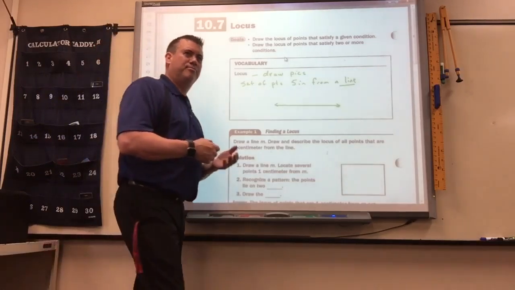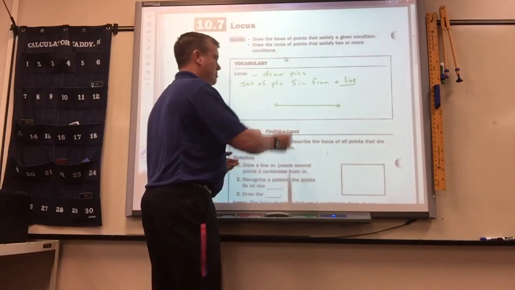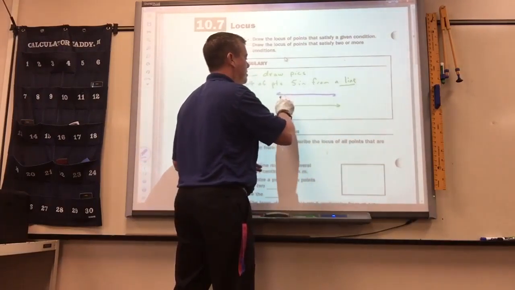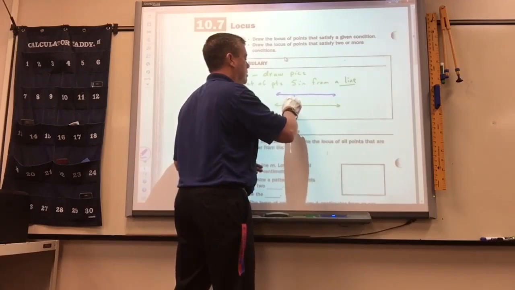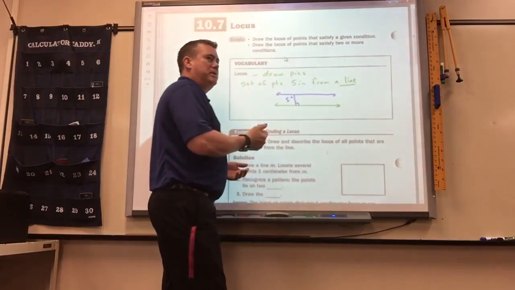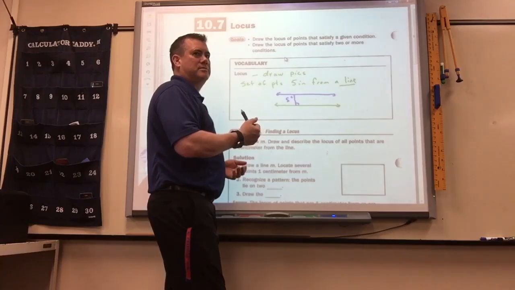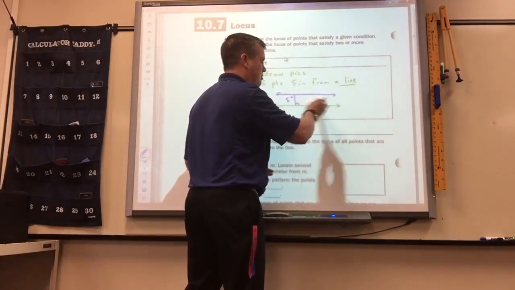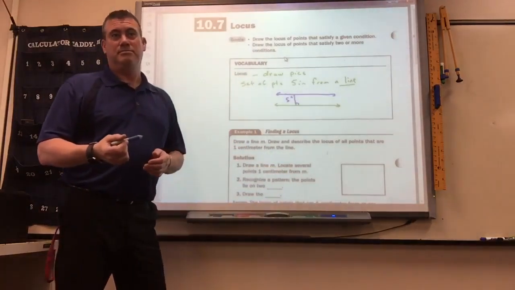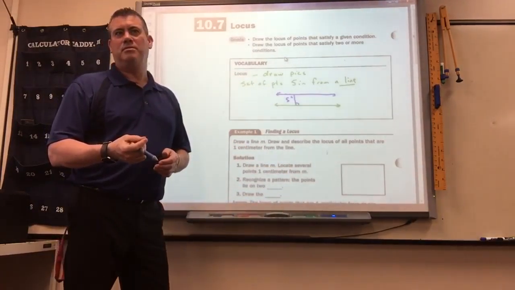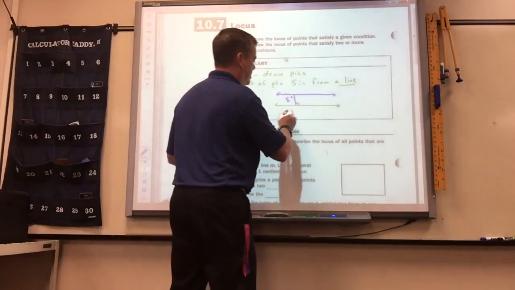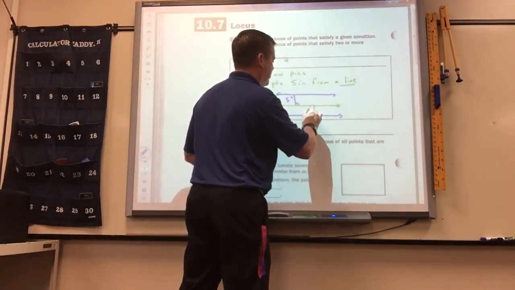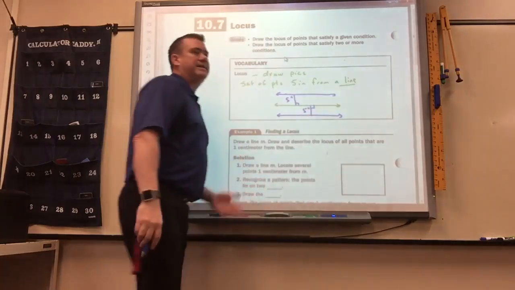We would just draw a line up here that's 5 inches away, right? What else would it be? Because every point on this line is 5 inches from that line. There's more. 5 inches below it? 5 inches below the line. So then you just have to label it like that.